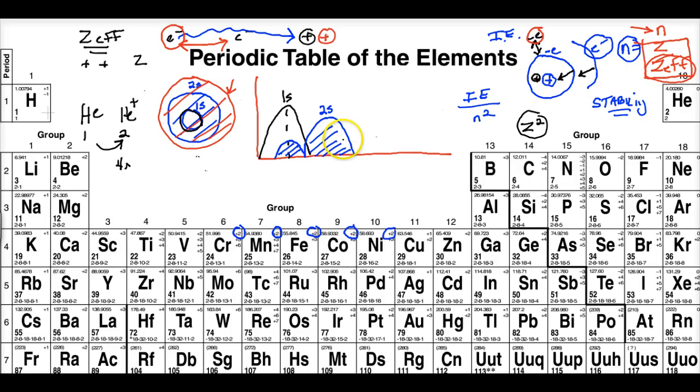Now the 3s, let's go red. The 3s has 1, 2, 3 lobes. Now I'm getting lower because I'm stretching the 3s over a long period. Let's do a 4s. Same idea. 1, 2, 3, and 4. I'm stretching out the density.